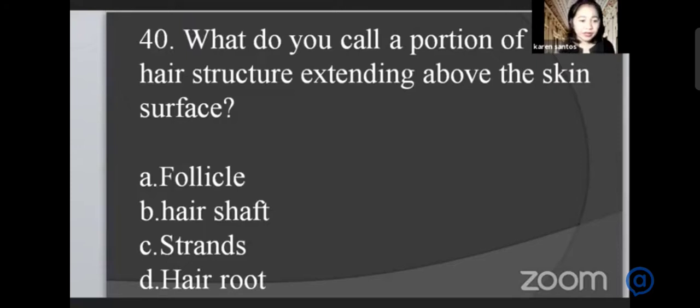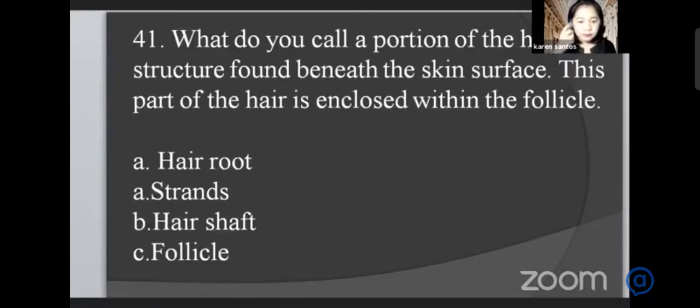Okay, so next question. What do you call a portion of the hair structure found beneath the skin surface? This is the part of the hair enclosed within the follicle. Parang nabanggit ko din siya kanina, no?